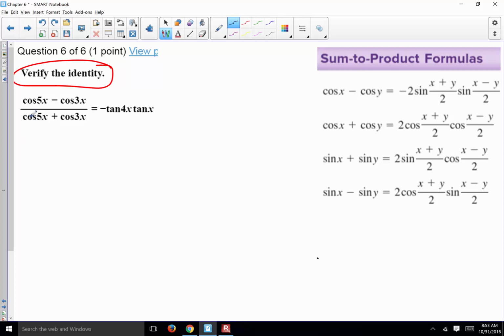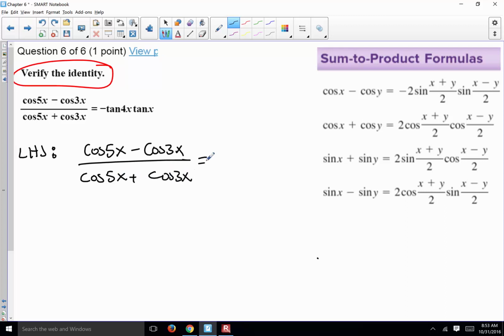Left side. Okay, so I start with the left hand side, and I see on the left hand side a difference of cosines and a sum of cosines. Guess what I'm going to do? For a difference, I will apply this formula. For a sum, I will apply this formula on the top and bottom of the fraction.